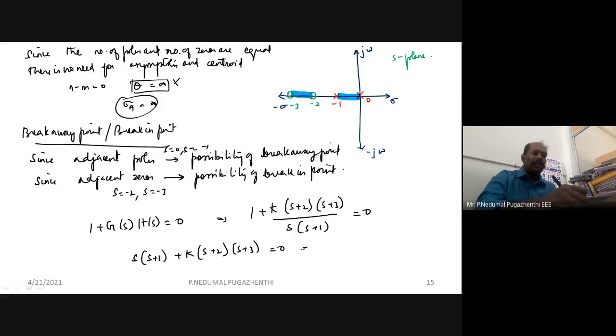From which I can write K is equal to minus of s into s plus 1 divided by s plus 2 into s plus 3. I will take the same to the next slide. So, K is equal to minus of s into s plus 1 divided by s plus 2, s plus 3.